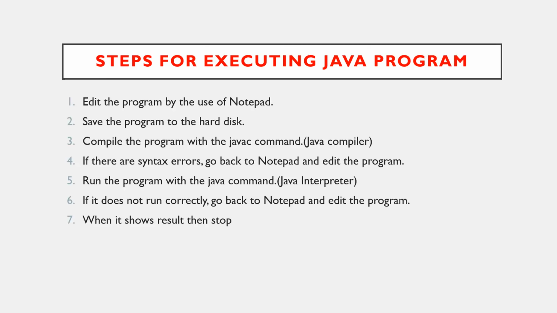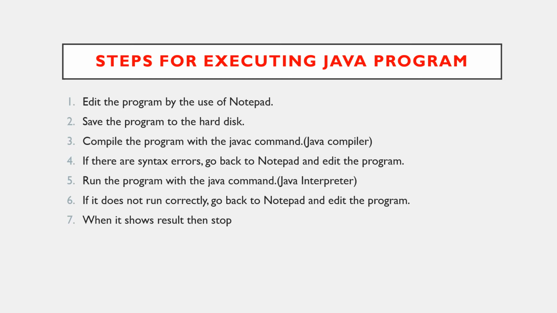These are all the steps for executing a Java program. The first step is to edit the program by using Notepad. That means type your program by using Notepad. Second step, save the program to the hard disk with the same name as the class name and .java as the extension.